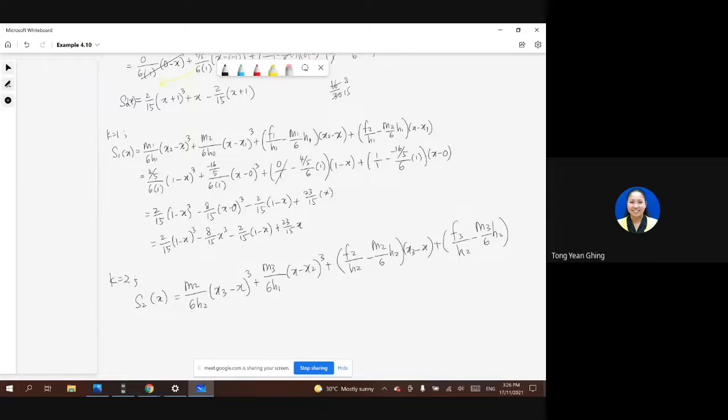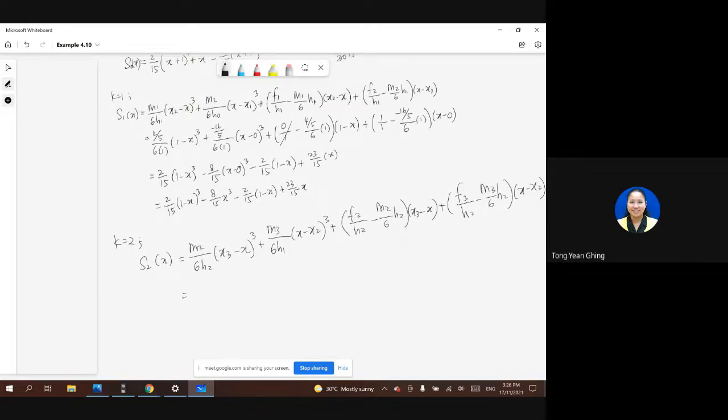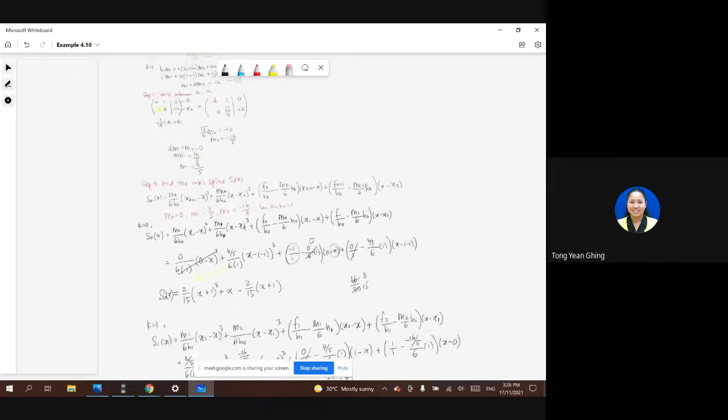So M2 is negative 16 over 5. Then x3, let me look back, I also don't remember.